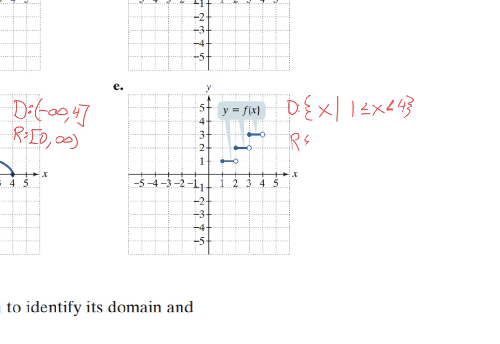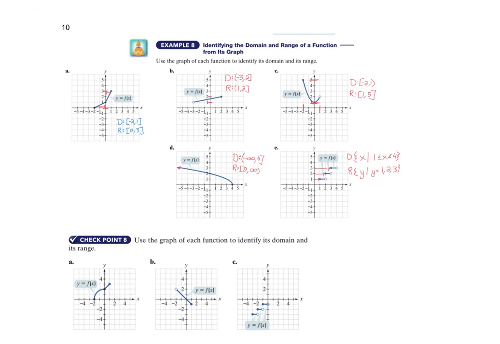Because the range, I'm just going to say it's y such that y is equal to 1, 2, 3. Because it's only these distinct values, it's not a continuous function going up. So that's example 8.